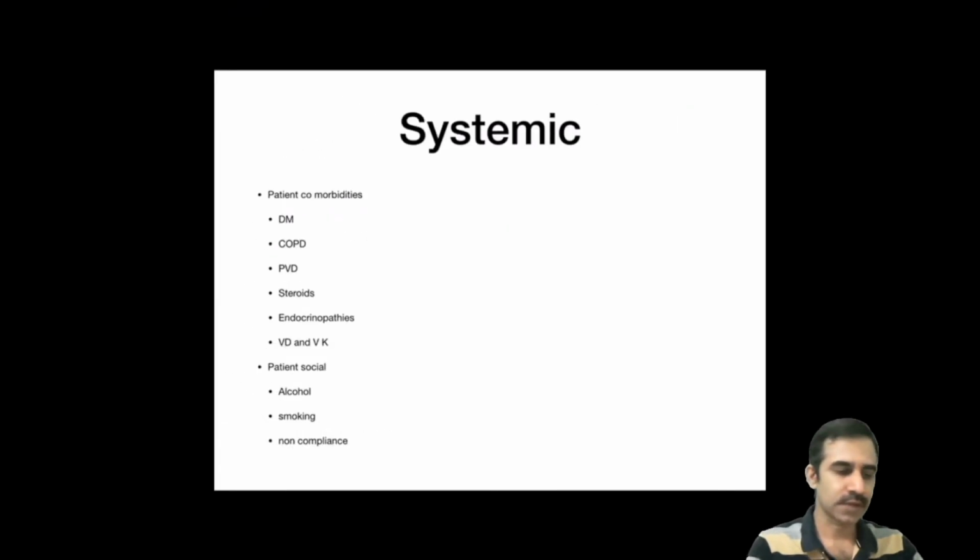The systemic factors include patient comorbidities like diabetes, COPD, PVD, steroids, endocrinopathies, vitamin D and K deficiency. Social factors include alcohol, smoking, and non-compliance to treatment regimes.